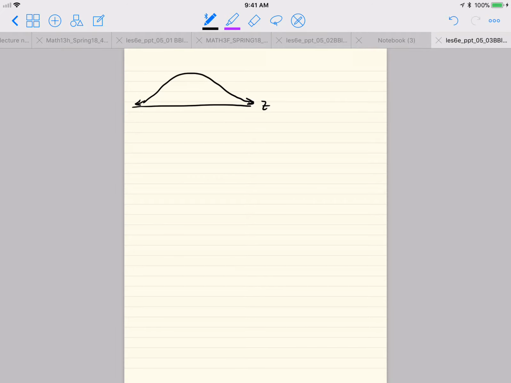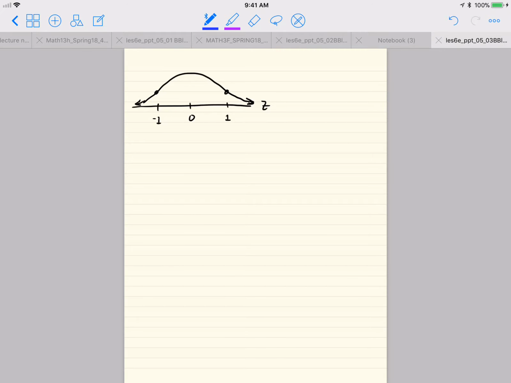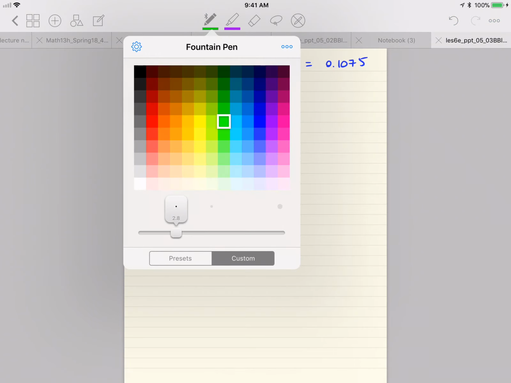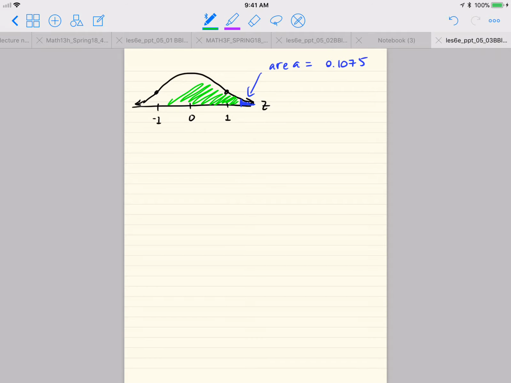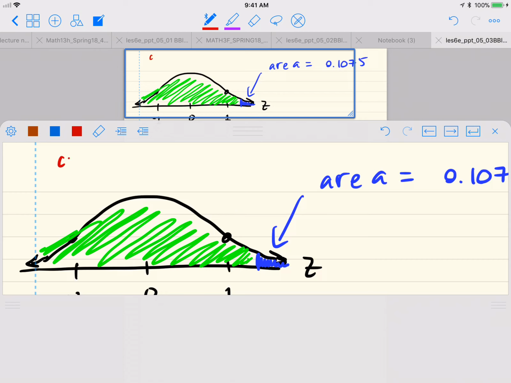The sketch needs to have the horizontal axis labeled, and the center and the inflection points labeled. Now, this area right here, area equals 0.1075, and over here the area to the left is the cumulative area, so the cumulative area is going to equal 1 minus 0.1075.